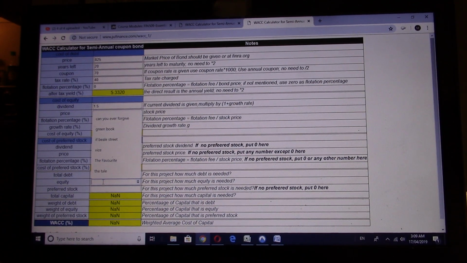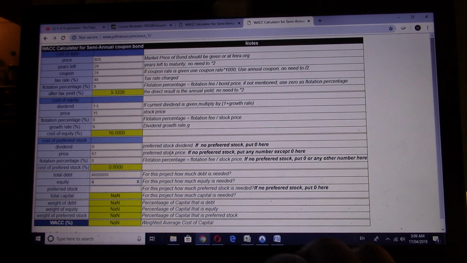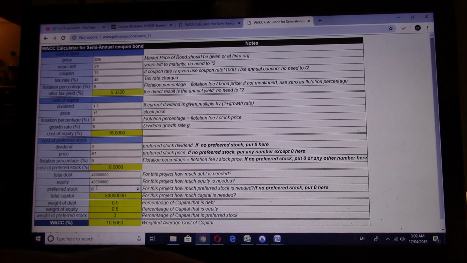Okay, equity is another 40 million. Preferred stock, put 0. So that's it. So you see weight of debt is 0.5, weight of equity is 0.5.